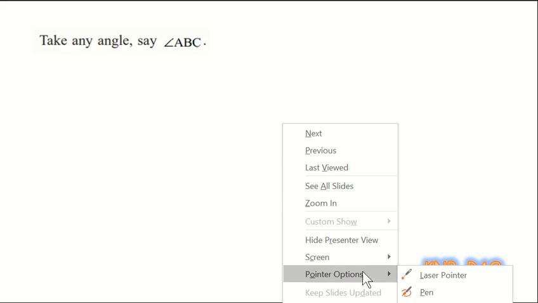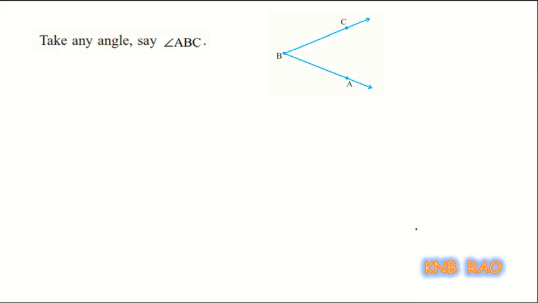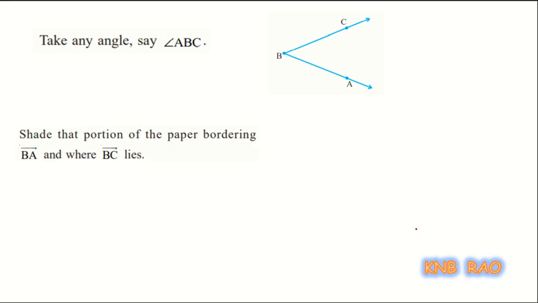Take any angle ABC. Suppose you have taken angle ABC like this, and shade the portion of the paper towards BA like this after your drawing.